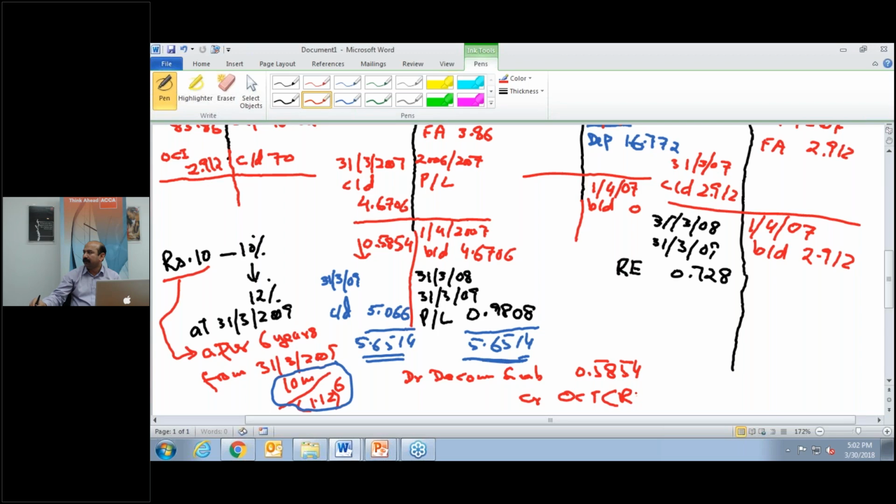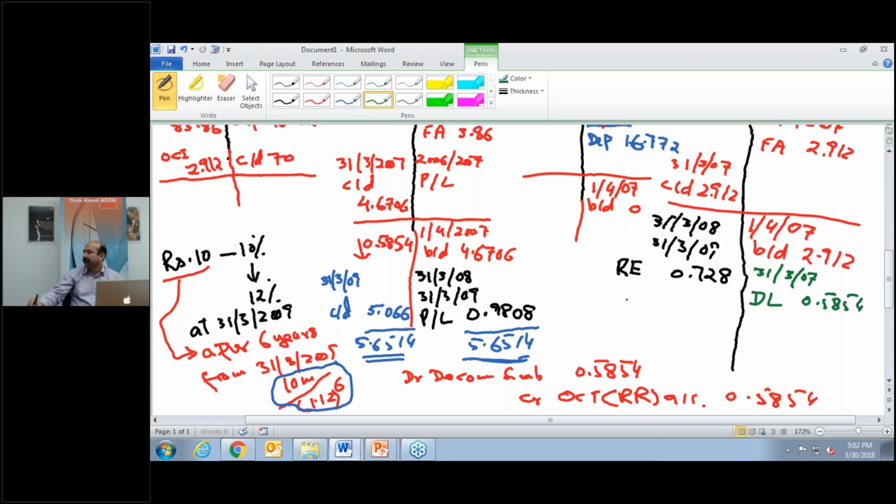This will go to the revaluation reserve because it is being credited. So we shall be recording this amount over here, crediting against the decommissioning liability 0.5854.